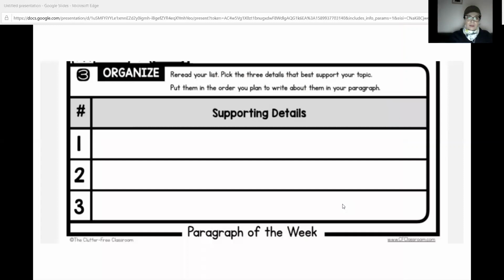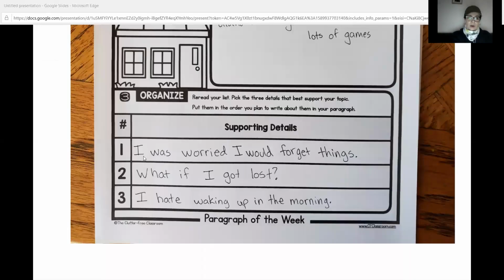The bottom part of the page has a spot for your supporting details. These are the details that are going to explain the main idea of your paragraph. Okay, so my supporting details were, I was worried I would forget things. That was one of the reasons why I was scared. So I wrote, I was worried I would forget things.